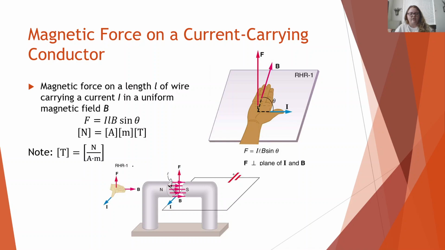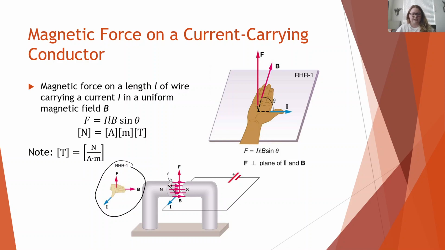We have our right-hand rule yet again, and we can see it here as well, showing that the current is going to be in our thumb direction. Our fingers will still go in the magnetic field direction, and our force will be perpendicular to both of those, or in the palm of our hand. Our force is in newtons.